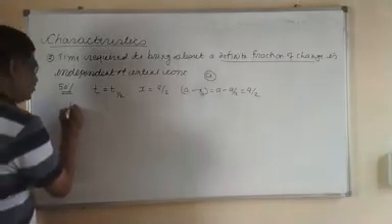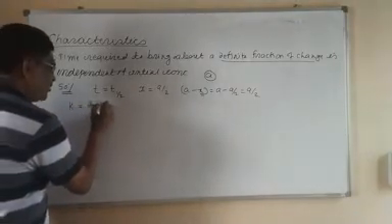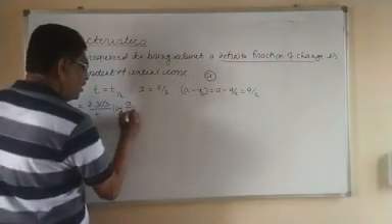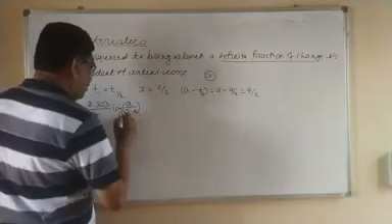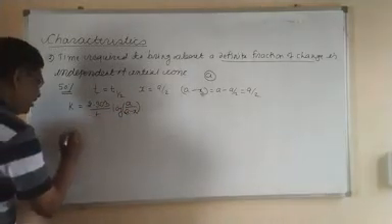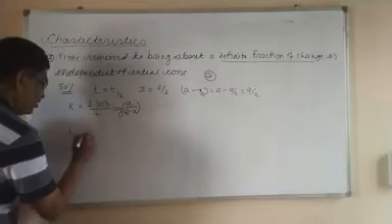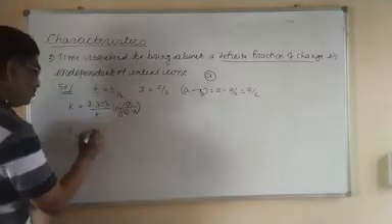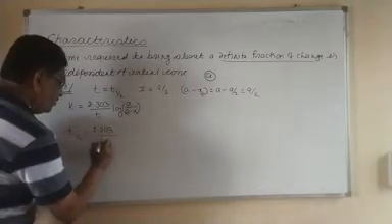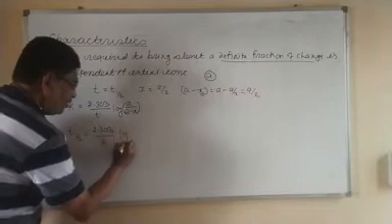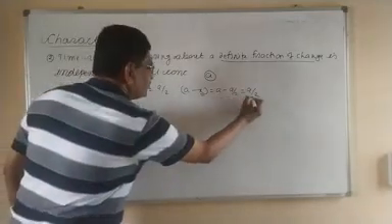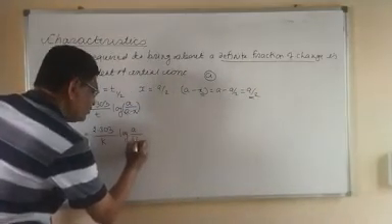Now substitute all these values in the equation of first order. Therefore, K is equal to 2.303 over t log of a over a minus x. Now substitute all these values in this equation. t is replaced by t 1/2, because we are replacing all these terms. So t 1/2 is equal to 2.303 over K log of a over a by 2.